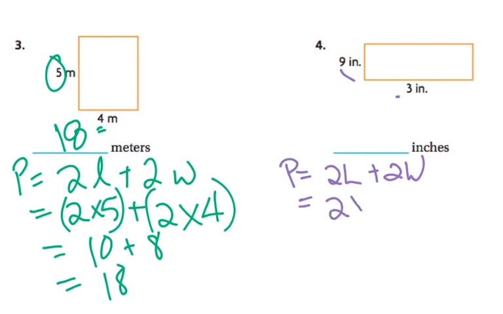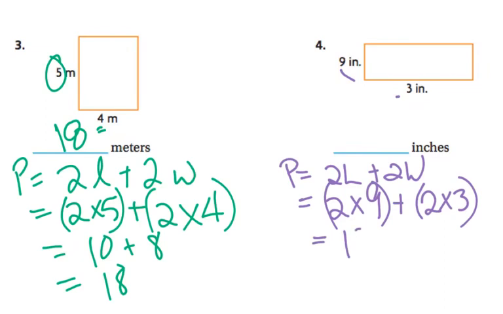So it's 2 times 9 plus 2 times 3. Okay? 2 times 9 would simply be 18. We're going to add that to 2 times 3, which is 6. 18 plus 6 would be 24. Okay, so my answer would be 24 inches.